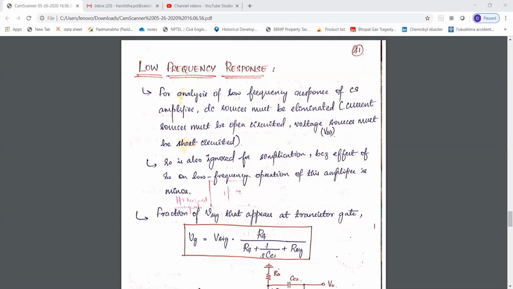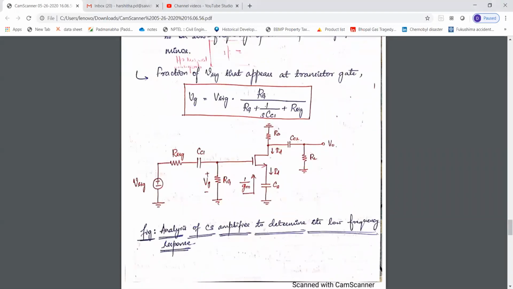After doing all these modifications to analyze the CS amplifier in its low frequency band, the circuit will be modified as shown here. The current source is open circuited and VSS and VDD are grounded.